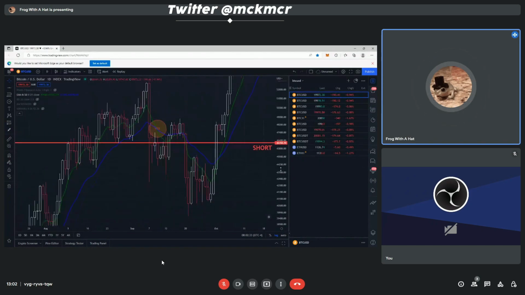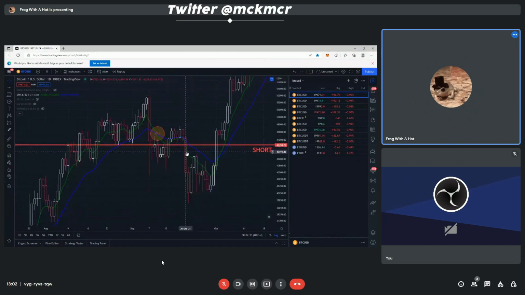Boom, and then we dumped again. Always the candles are under the 8. You notice that? And then we just had a cross right here. And now we flip back bullish.